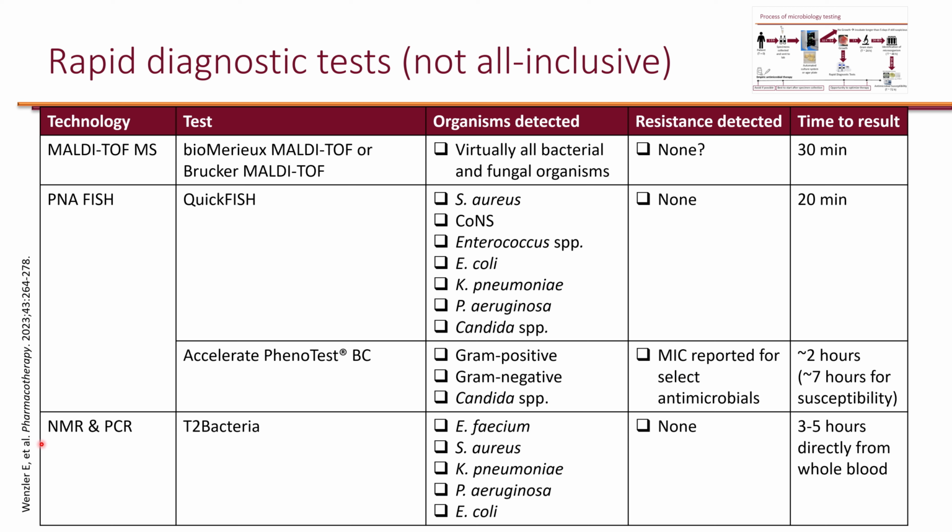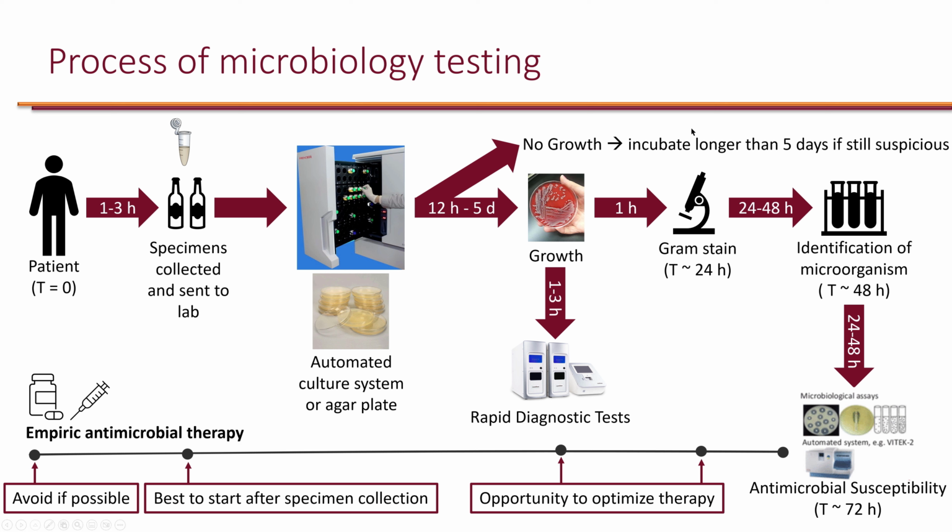And lastly, we have a combination of NMR and PCR. So we have the T2 Bacteria. This one takes about 3 to 5 hours, and it can detect some organisms but not resistance. But this one is unique because it can actually work directly from whole blood. Typically, when we get the blood samples from the patient, they need to be incubated and show some growth before we can put them in a rapid diagnostic test.